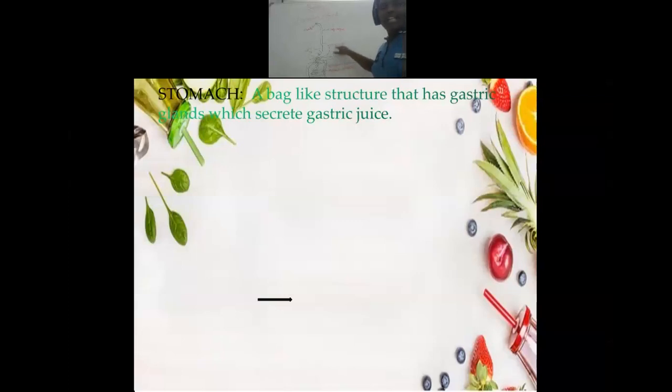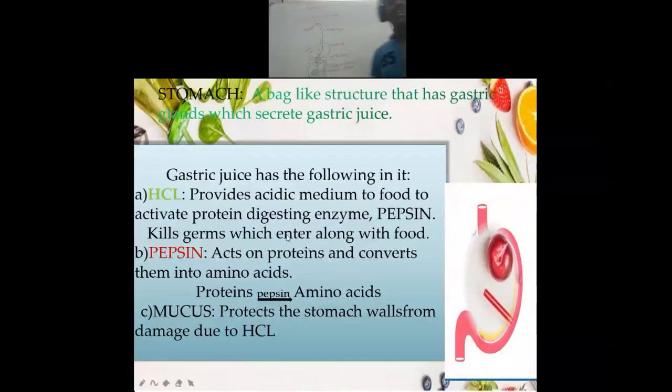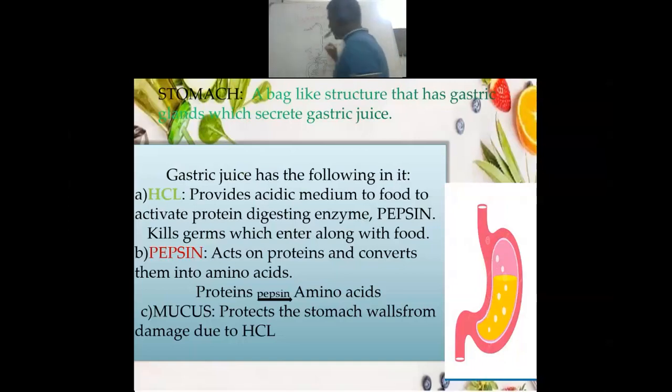So what are the gastric juices present in the stomach? You have HCl, then pepsin, and then mucus. These are the digestive juices, or gastric juices, present in the stomach.